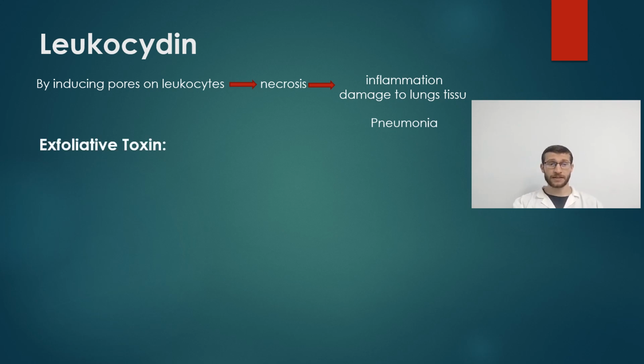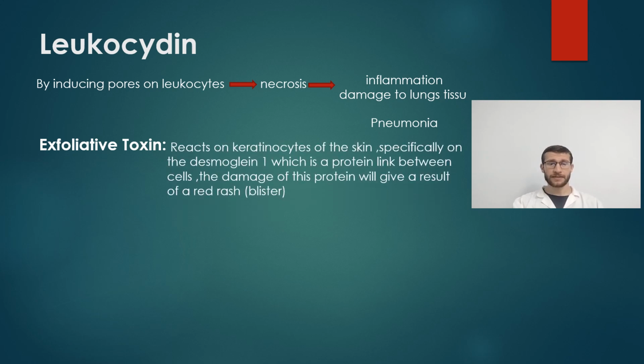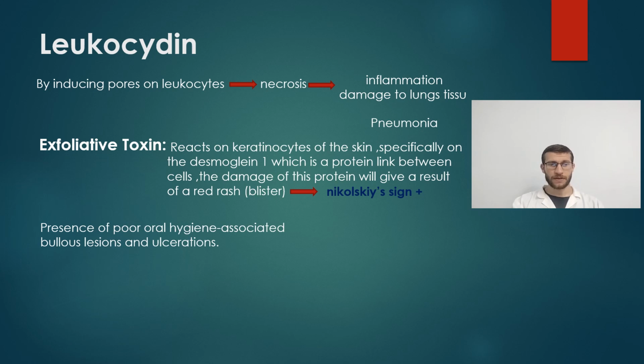Another type of toxin is exfoliative toxin, which reacts on keratinocytes of the skin, specifically on the desmoglein type 1, which is a protein link between cells. The damage of this protein will give a result of a red rash and blisters, which gives us the Nikolsky sign, positive.